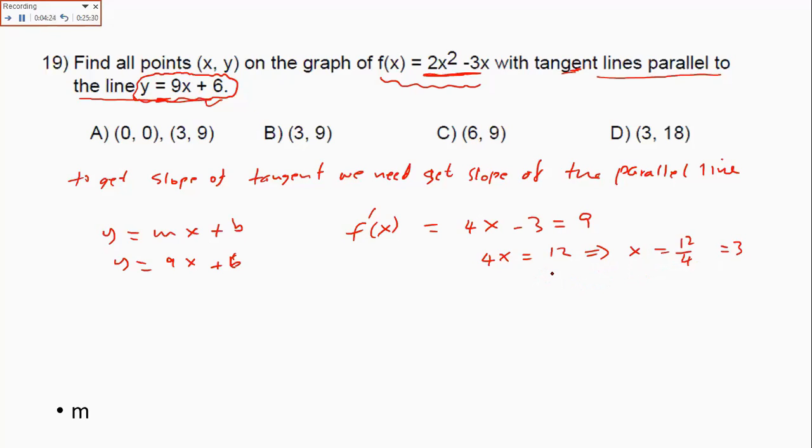I think we're done because we have to find the value of y if x is equal to 3, right? So we get f of 3. F of 3 will be equal to 2 times 9, minus 3 times 3.